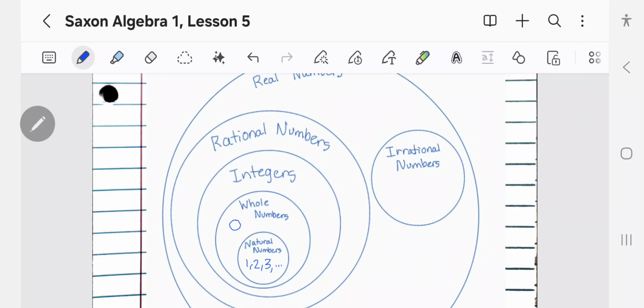But 0 is not a natural number, so it can't be inside the natural number circle. Integers include all the natural numbers, whole numbers, which includes the 0, and all of the opposites of the natural numbers. So we would say it's something like -3, -2, -1, and then you pick up 0, and then you pick up the natural numbers 1, 2, 3, and so on. We'll get to rational numbers later.